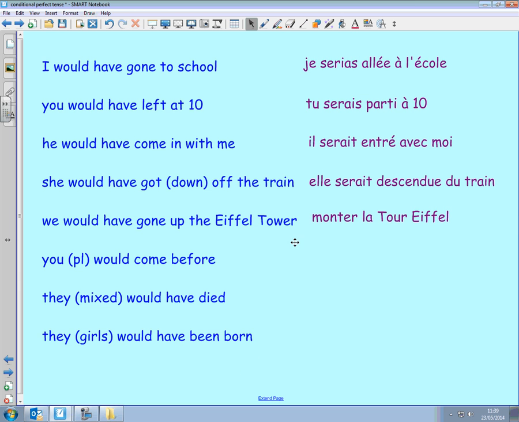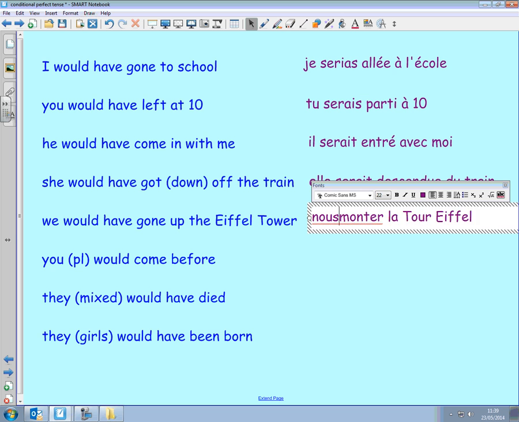We would have gone up the Eiffel Tower had we been a bit braver. Nous serions montés. Take off the er, add an e. Now then, depending on who we is, or we are, we have to add an agreement. If we're a group solely of girls, we're going to add an e, but we always have to add an s. If we're a group of mixed or just boys, then it looks like that.